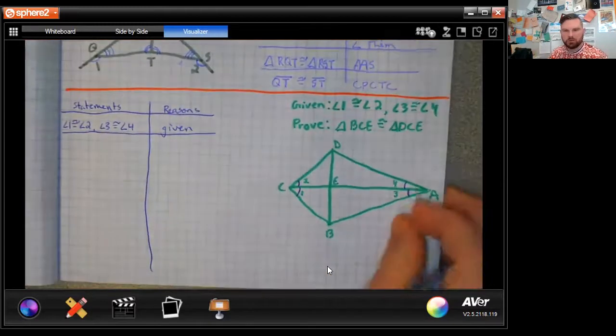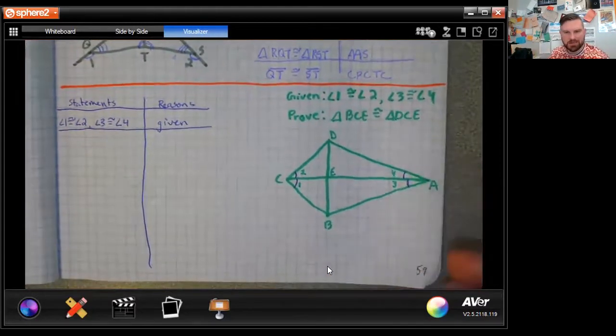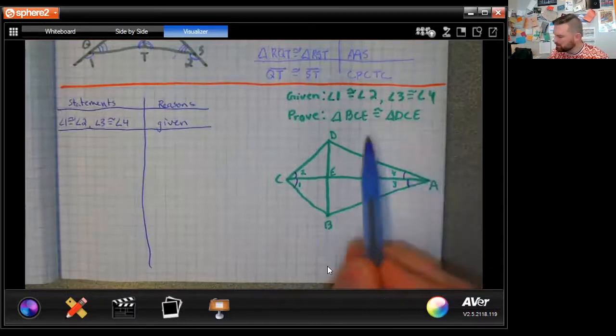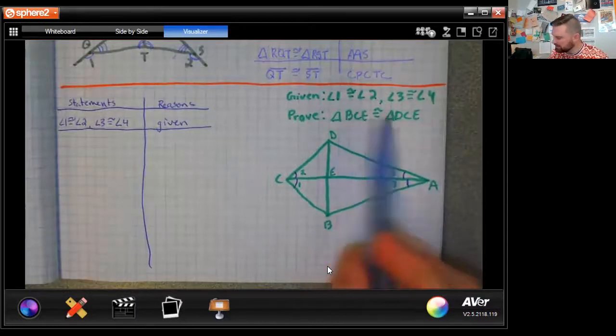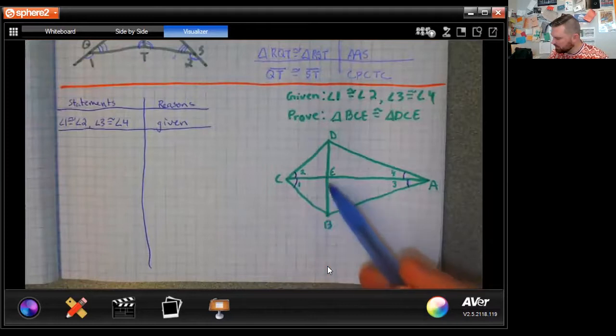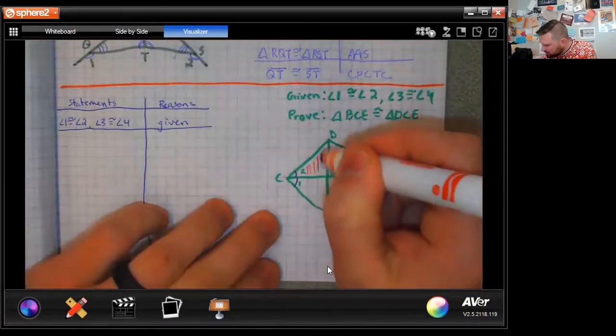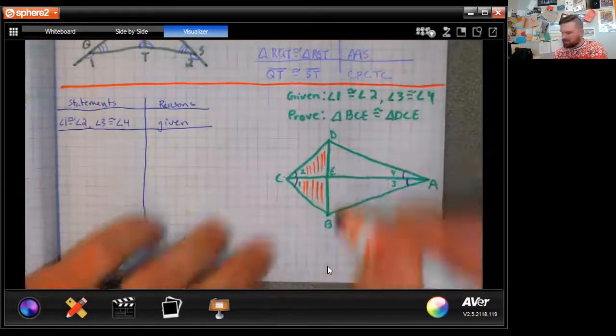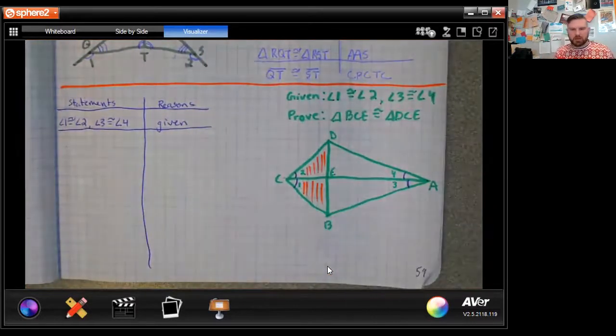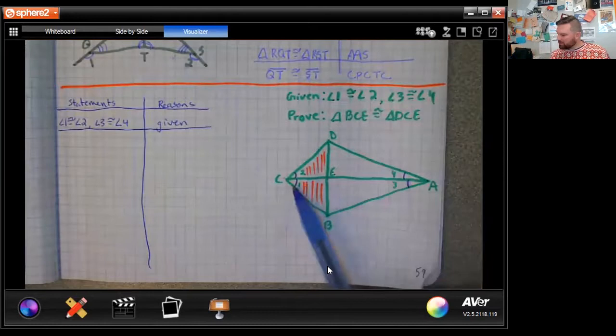Now, you may not see this as easy as me, but here we want BCE. We want this triangle down here congruent to this triangle. So I'm just going to highlight that. Okay, that's our goal, is to prove those congruent. But I have angle 2 and 4, and 1 and 3 are a part of this great big triangle here.